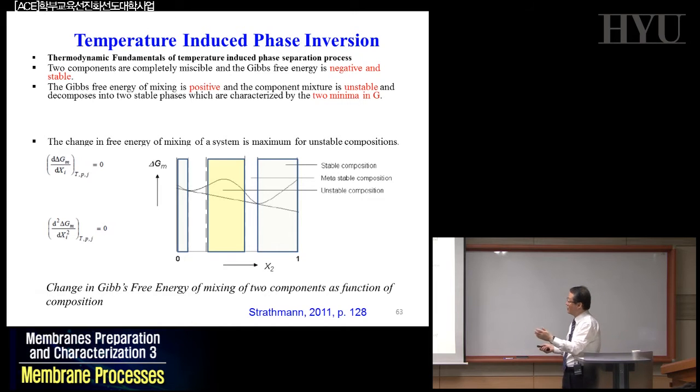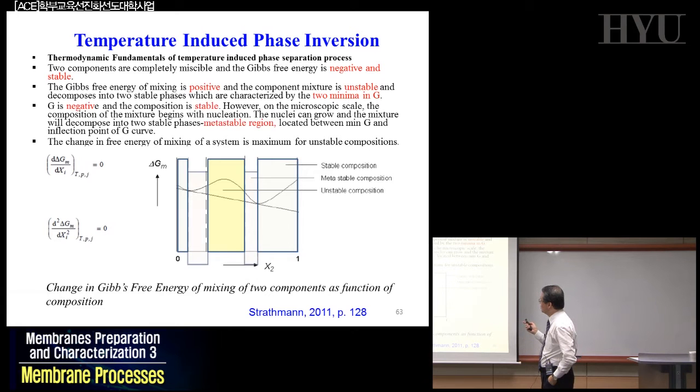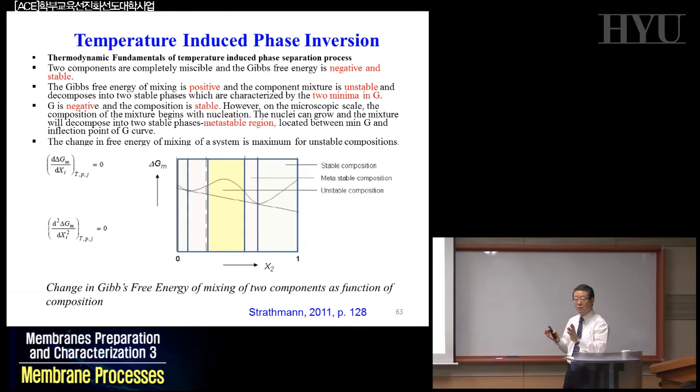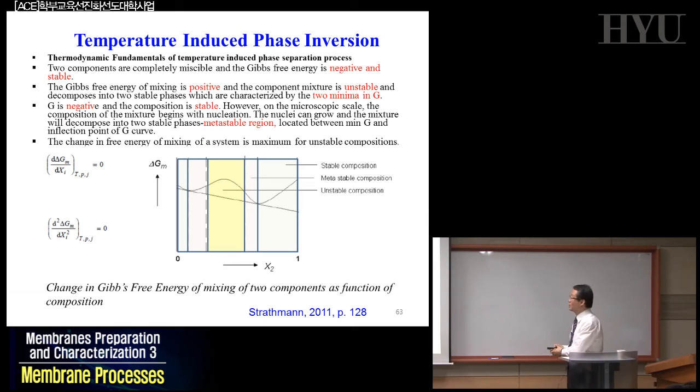Between these two regions, the unstable and the stable regions, is called the metastable region. This metastable region is stable because the Gibbs free energy of mixing is negative. But microscopically, this composition of the mixture begins nucleation, which is different from the two extreme stable cases.